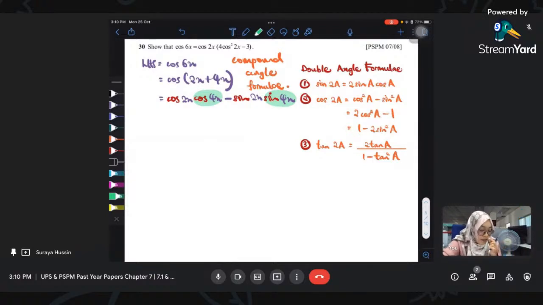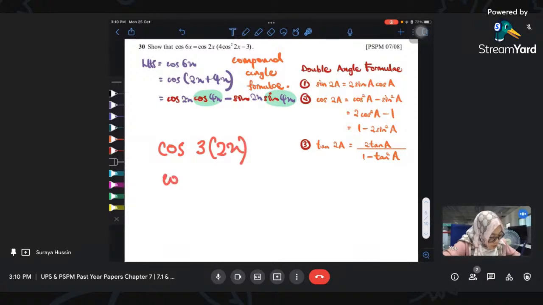Kenapa Miss tak buat dari awal? Okay, kenapa? Let me try for my own belief. Macam ni boleh ke? Ke cos 2 times 3x? But yang ni tak boleh. Tak boleh. Sebab ini bukan double angle. Ni dah macam triple angle dah. So we don't want it. Mana ada triple angle?